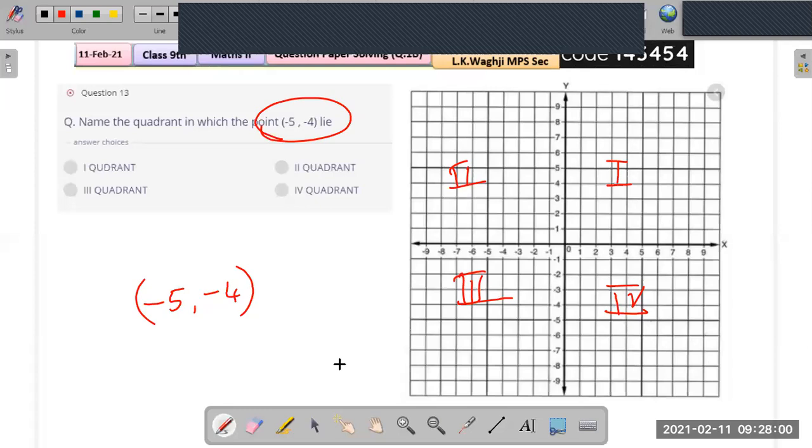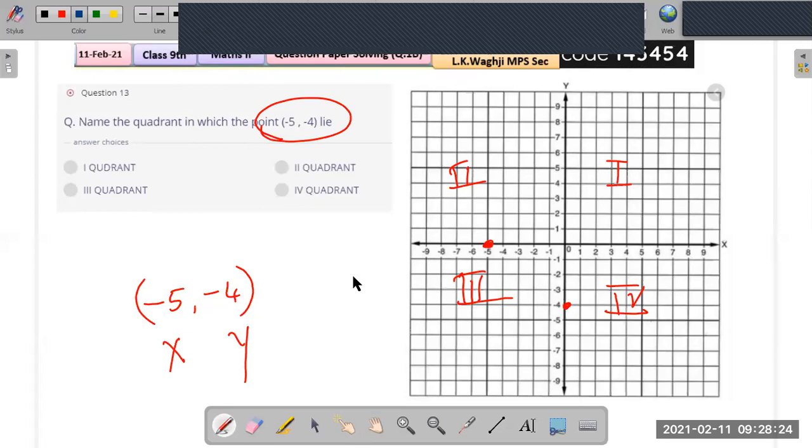Name the quadrant -5 and negative 5 is x and negative 4 is y, right? So you start at negative 5. X is negative 5 over here and y is negative 4 over here. These 2 points, they meet in which quadrant?